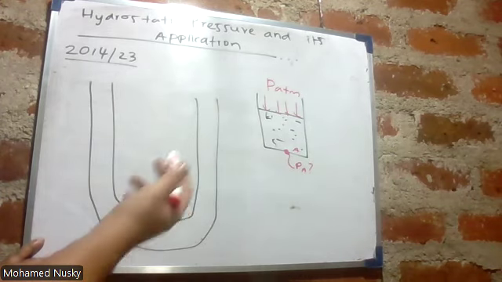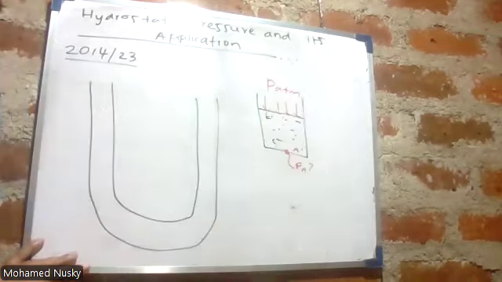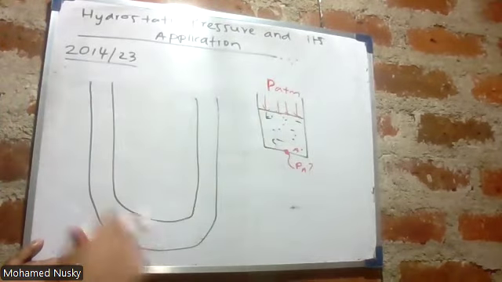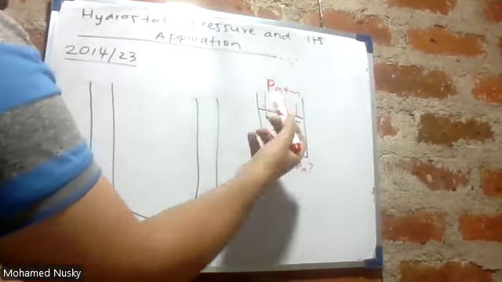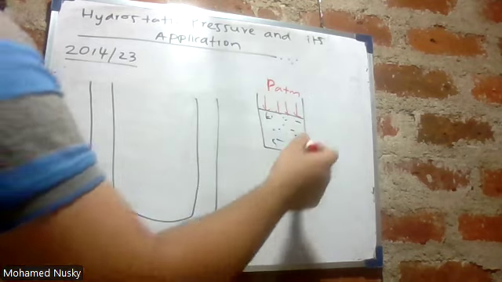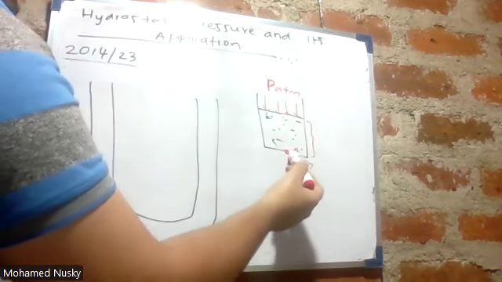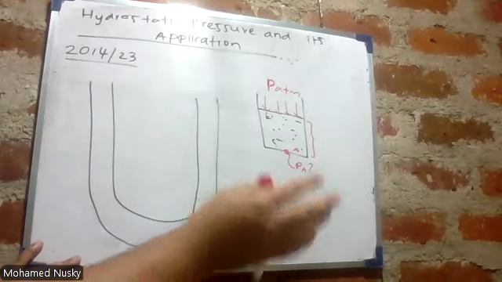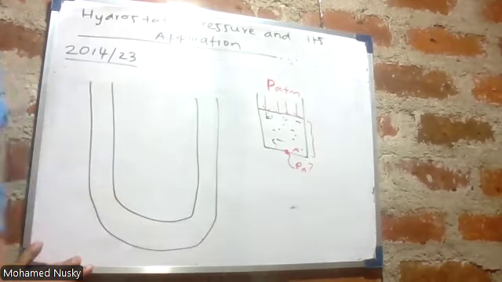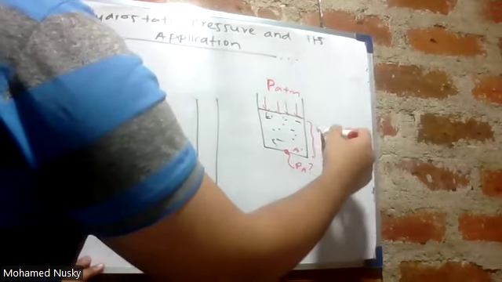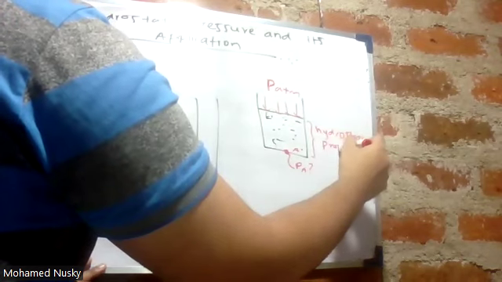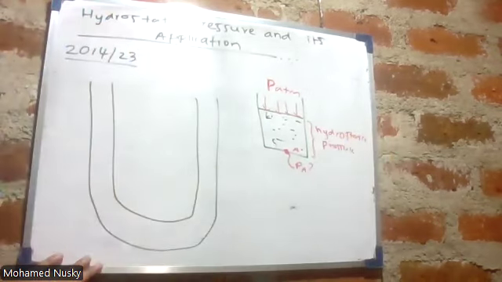Now, I have taken P atm as atmospheric pressure. Let me take the pressure due to the atmosphere as P atm on the surface of water. And due to the water inside the container, there will also be a pressure at the point A, at the bottom. That pressure is known as hydrostatic pressure, the pressure due to water.